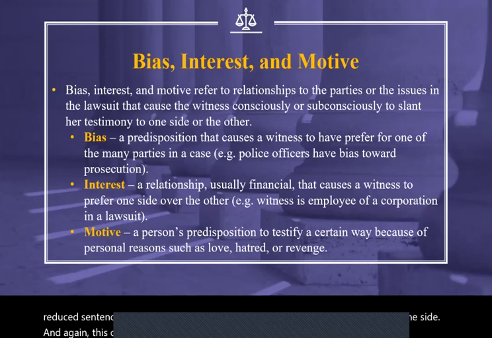And then we have motive. So a motive is different than bias and interests. It's a person's predisposition to testify in a certain way because of personal reasons, such as love, hatred, or revenge, right? So think about there's a lawsuit, and two of the witnesses were married at one point.